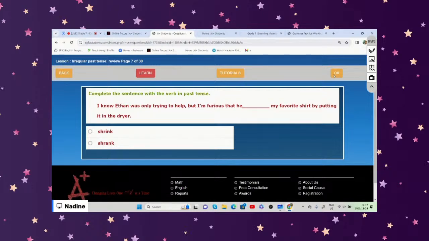I know Ethan was only trying to help, but I'm furious that he, do we say shrink my favorite shirt by putting it in the dryer, or shrank my favorite shirt by putting it in the dryer?